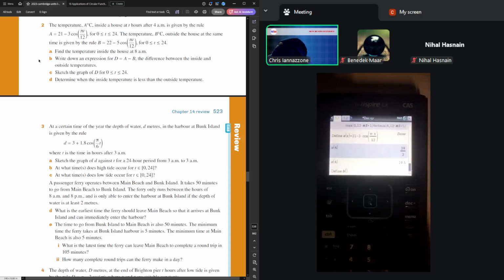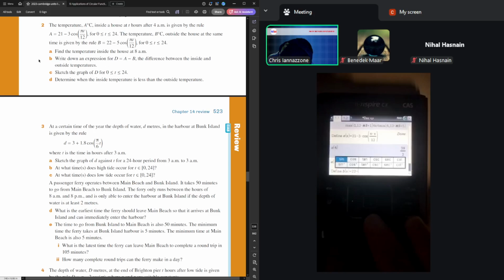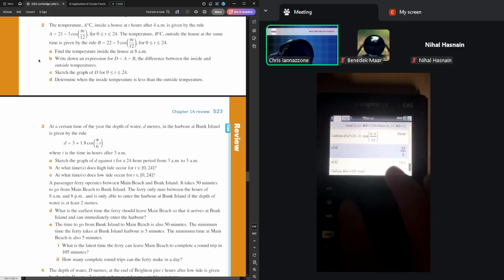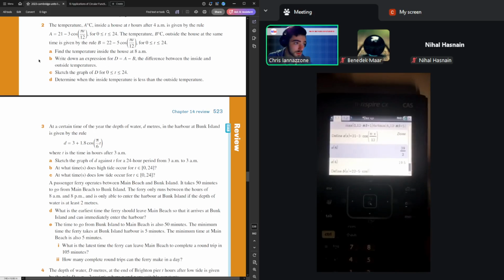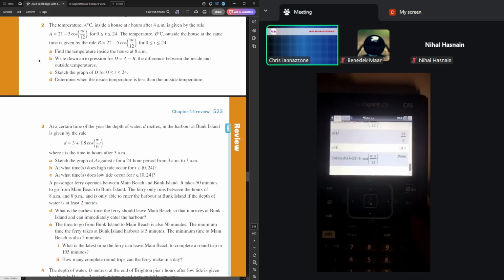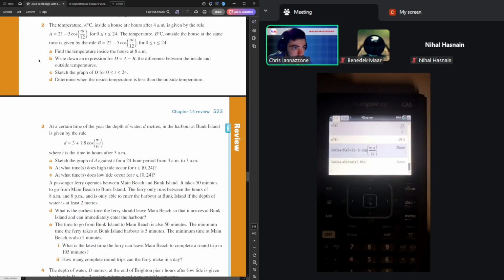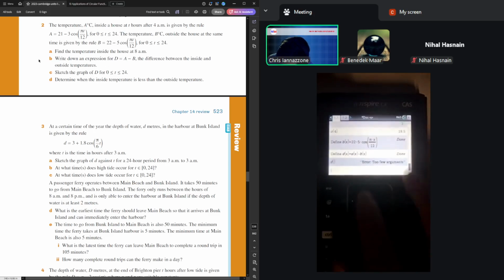If I define the second function b, we're going to have 22 minus 5 cos(pi t on 12), again pi x on 12, and then final function d is going to be a take b. If you're doing this tech free, of course, you have to now figure out how those two things combine. Shouldn't be too hard though.